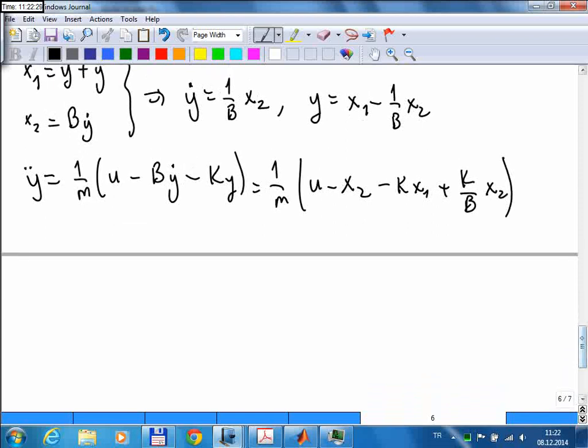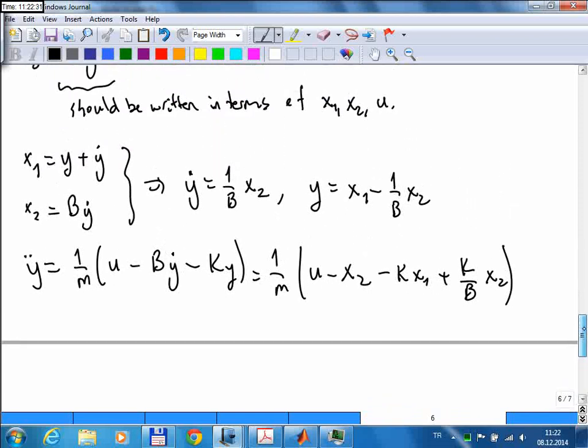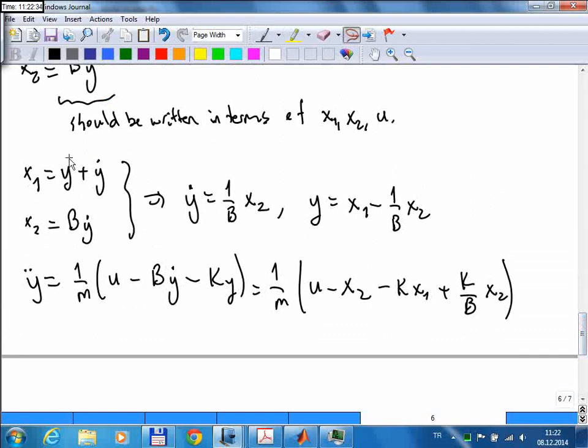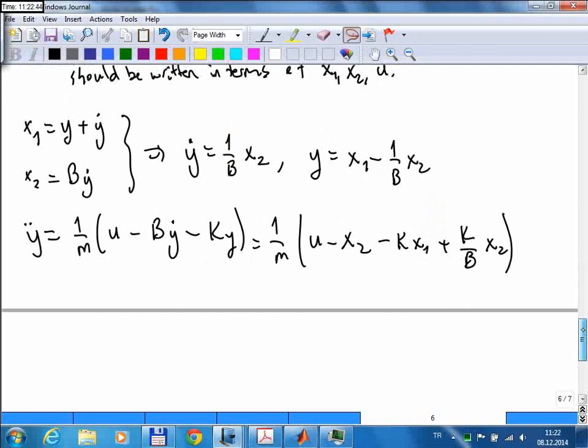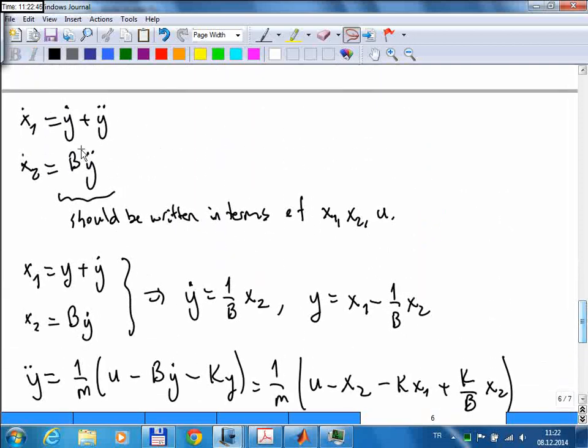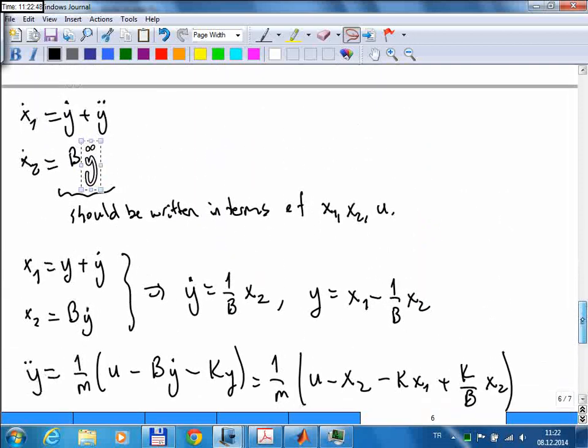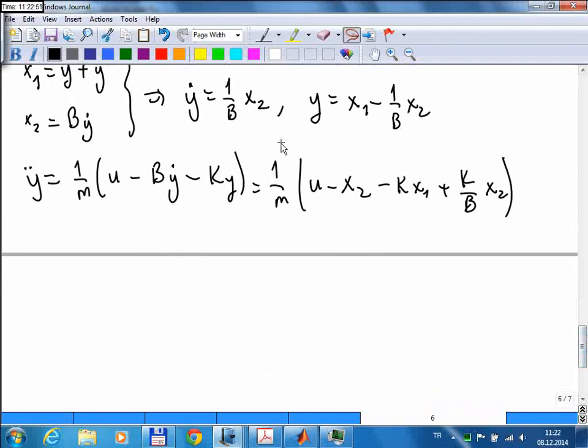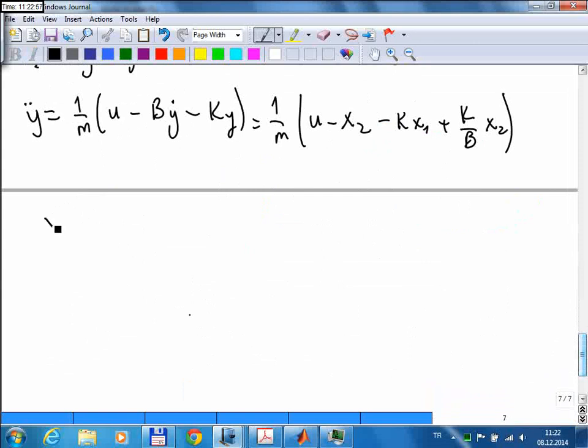Okay, so now we have everything we need to write the state equations, right? For y, I'm going to use this one in terms of state variables. For y dot, I'm going to use this thing, and for y double dot, I'm going to use this thing. And if I do all of that, I get the state equations as follows.